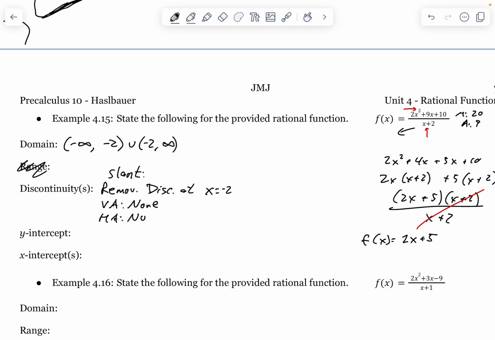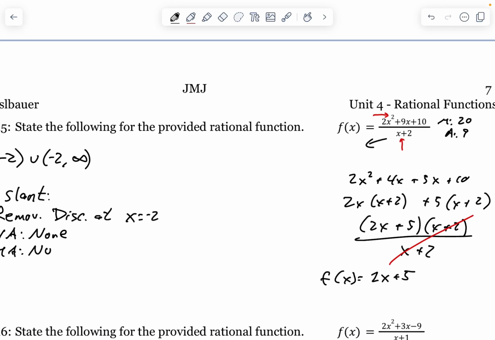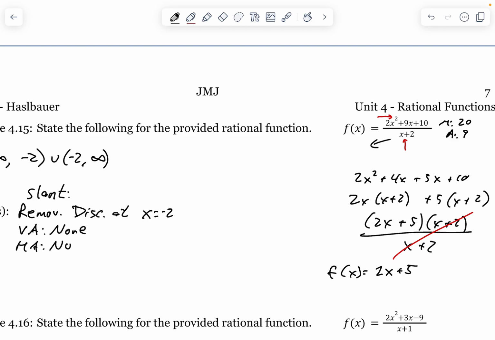Where would it be? Well, it would be at the division between the two functions. I'm going to do this by the synthetic division way because we had done a little bit more synthetic division. I would divide using the -2, and I would use the coefficients 2, 9, and 10.